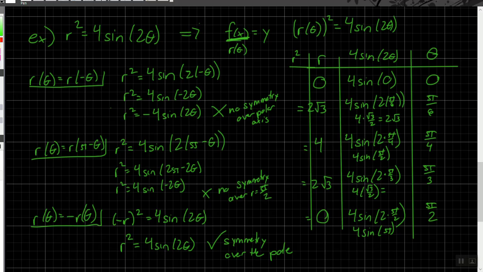I think you're right, because we have them all squared. We have r squared, we need r, because in polar coordinates we are graphing by r. So now we're taking the square root of each one. Square root of 0 is 0. Square root of 2 root 3 is, I don't know off the top of my head. So plus or minus 1.9.